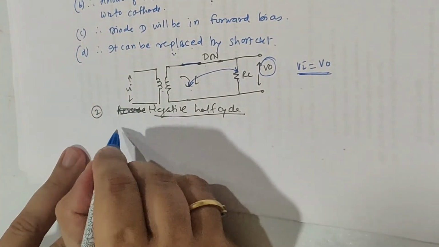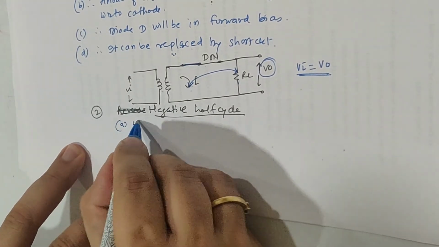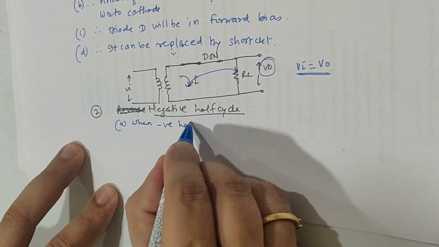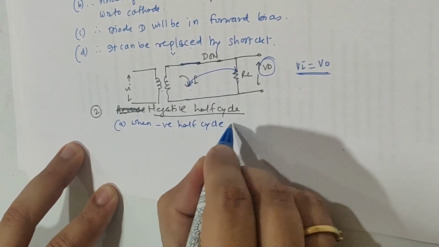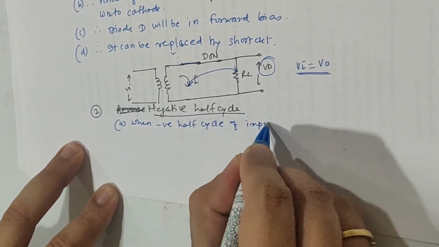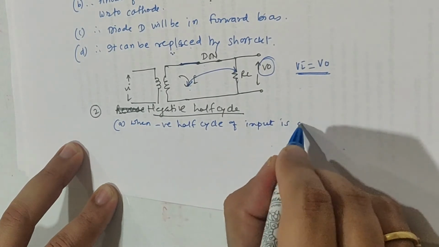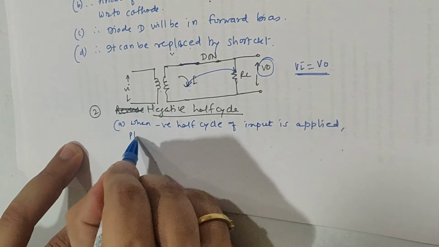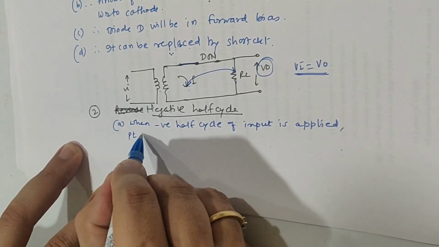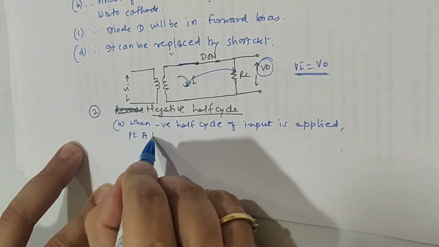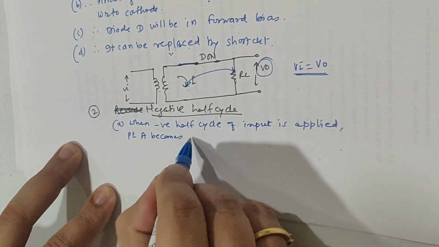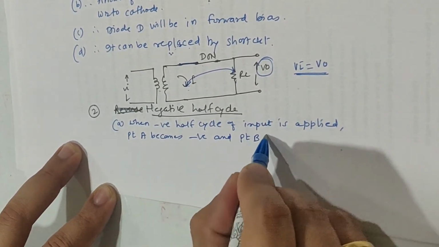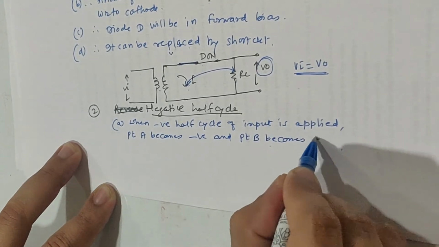Again, consider the points when the negative half cycle of input is applied. Point A becomes negative and point B becomes positive.